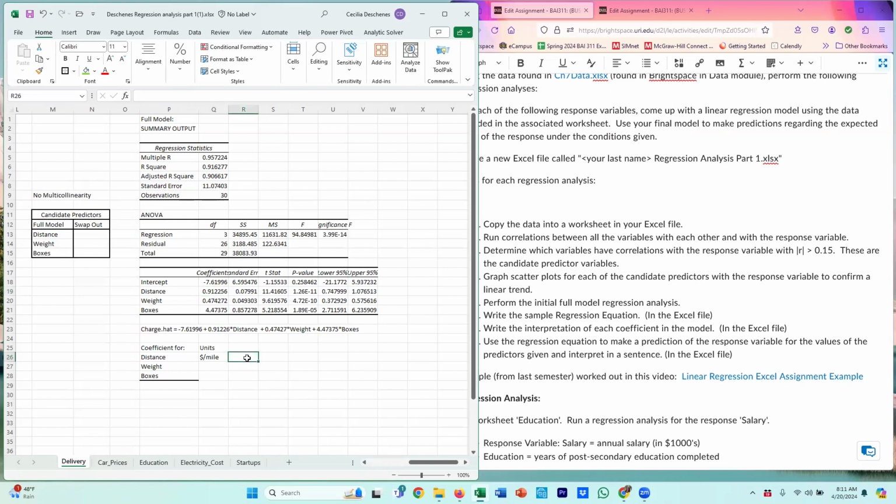So the delivery charge goes up by 91 cents for each additional mile to, I don't know, recipient.